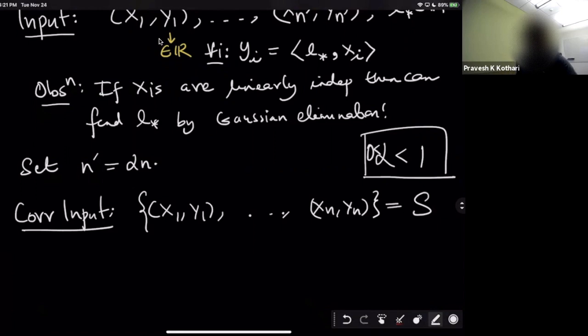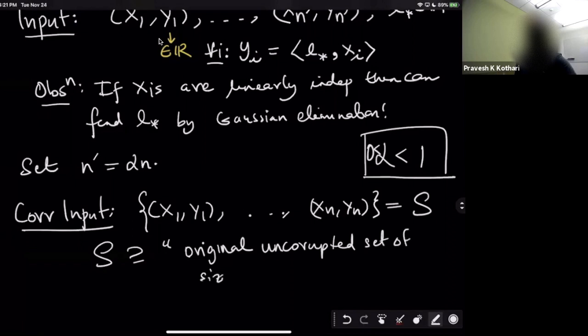The guarantee is that S contains an original uncorrupted set of size alpha n. So there is some unknown alpha fraction within this sample which is satisfied by some fixed L star, and I don't get to see those.